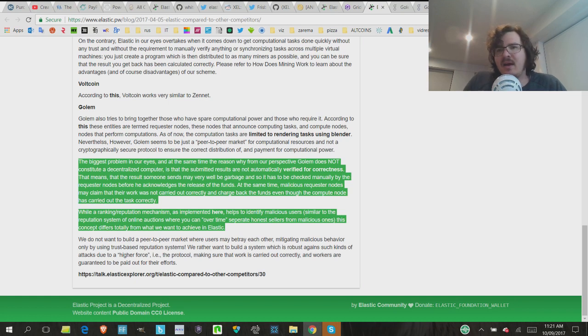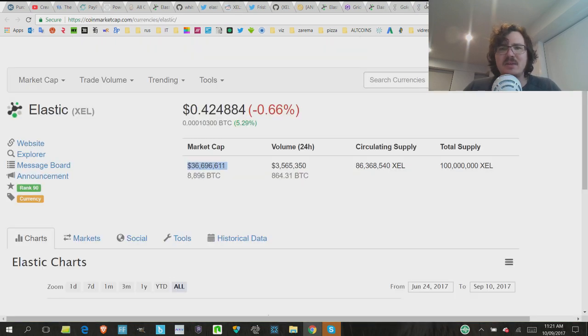But I can only imagine that with this big professional team of people, they will be working on solutions for these different problems. So, interesting. Is there space in the crypto sphere, though, for two decentralized supercomputers? Well, of course there is. Of course there is, guys. That is the reality of the situation.